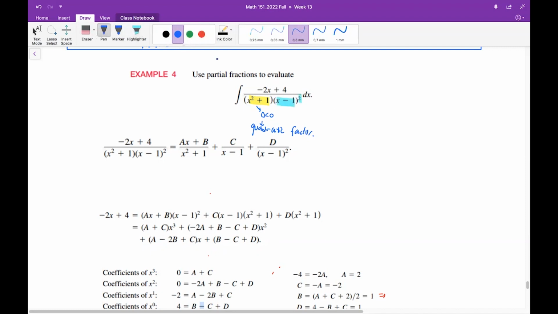We have a quadratic factor and here we have a repeated linear factor. So you need to understand the difference between these. This cannot be decomposed anymore. It is irreducible. And the next term, x minus 1 squared, is a repeated linear factor.